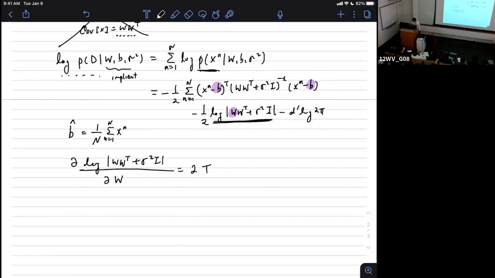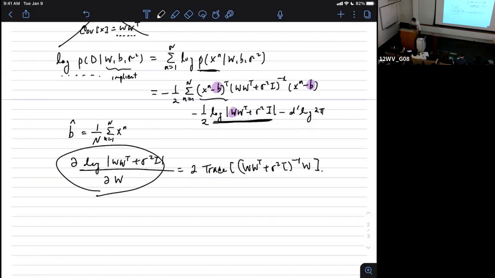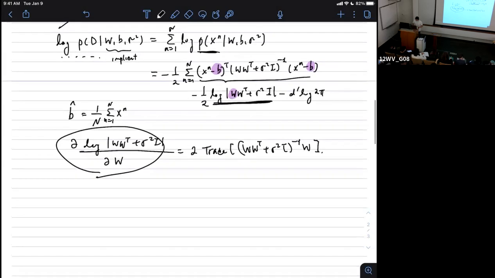It's going to be 2 times the trace of W W transpose plus sigma squared I inverse, times W. Now, with this quantity and the gradient you get from the first term with respect to W, you can write down the analytical form for W. Somehow I'm blanking out. Too much flying. But yes, it is your own exercise. Try it out, and you're going to see that this is why PCA, or assuming that every distribution is Gaussian, is beautiful, because you can write down almost everything and get the analytical form of them.